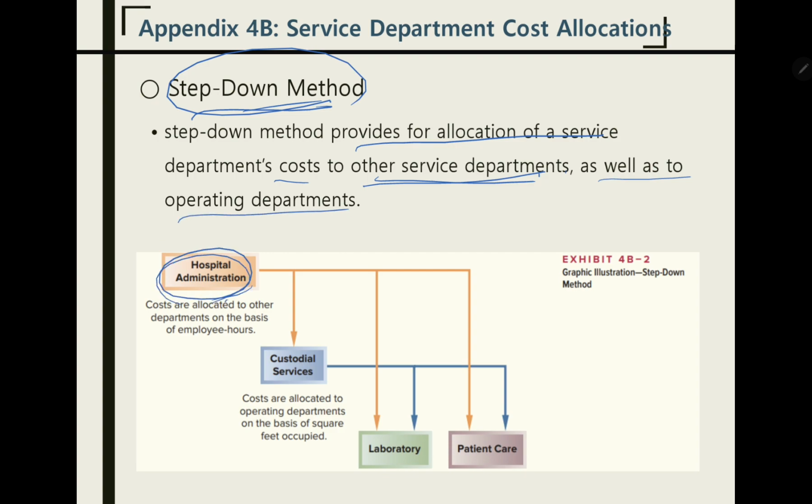So hospital administration's service cost is first allocated to other department. Now, the hospital administration's costs are allocated to service department and the operating department.